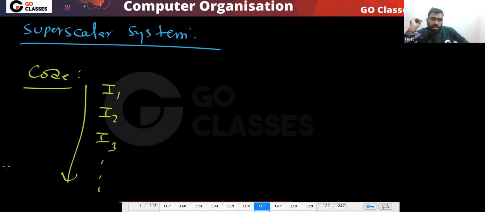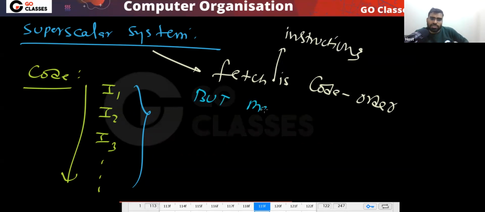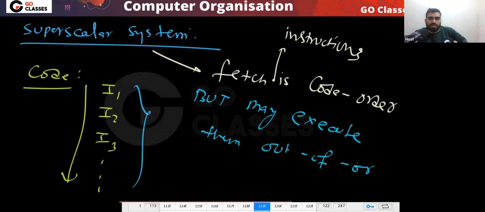Remember, the super-scalar system will fetch instructions in the code order, but may execute them out of order. This is called out of order execution.